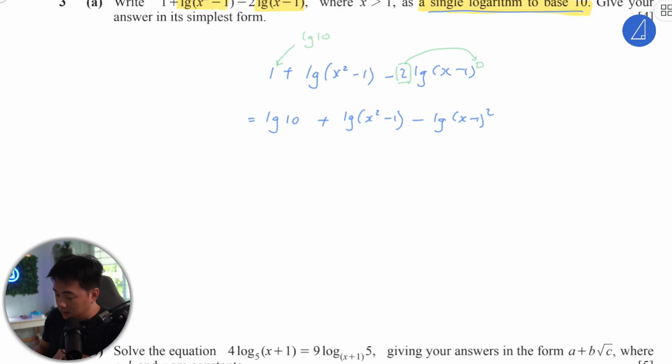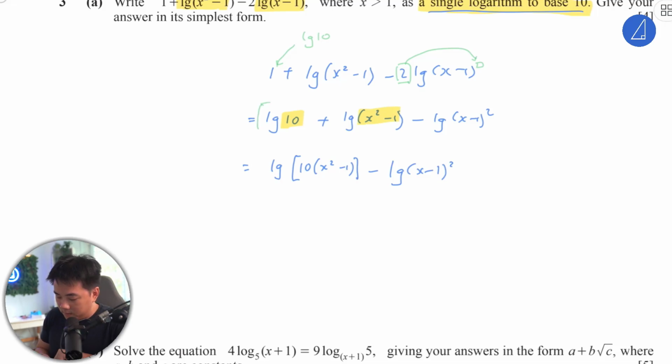Then what we can do is this plus, right? lg A plus lg B. So this is the product rule. Just this will just be lg of 10 multiplied by x squared minus 1, right? Okay, of course you can just divide straight if you are proficient. Then in this case here, if it's minus, then you just do division. So it's a quotient rule.